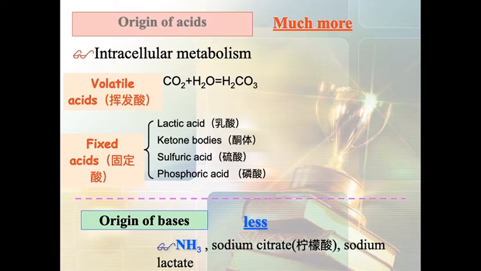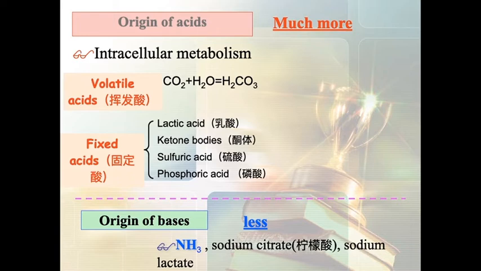And the origin: where do the acids come from? We have intracellular metabolism that can produce volatile acid. For example, a combination of carbon dioxide and water can produce this weak acid.